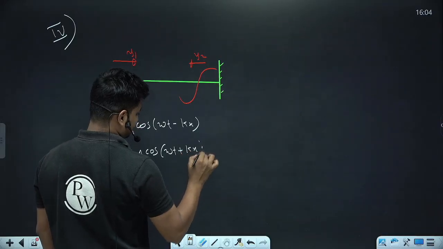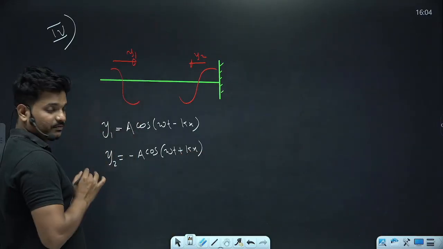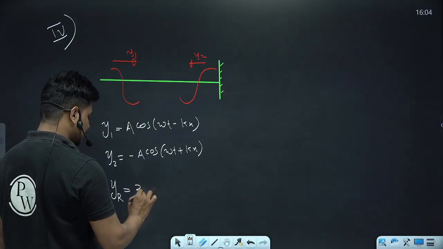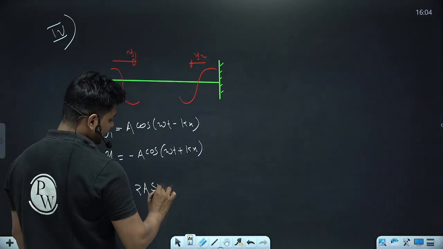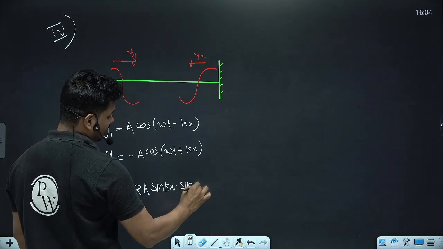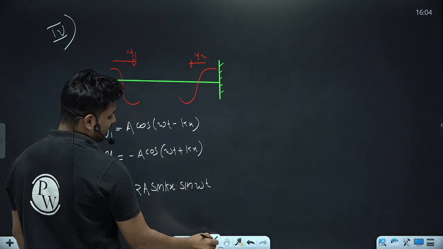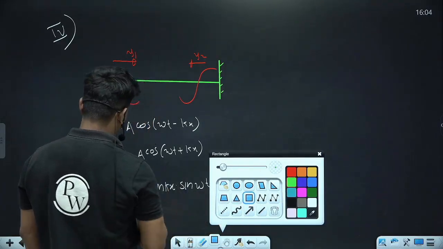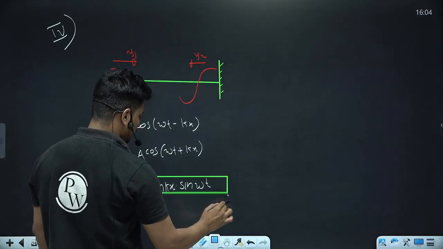Just add these two, and we get the resultant wave: 2a sin kx into sin omega t. This is the resultant standing wave. This is the fourth possibility.